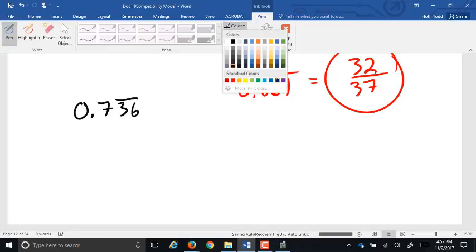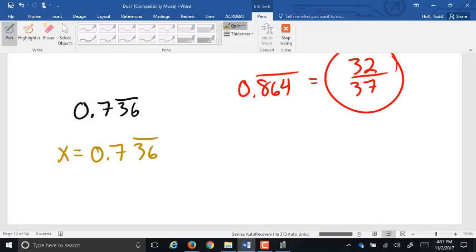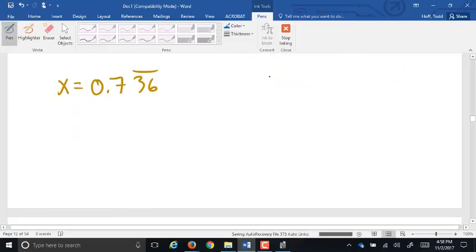Well, here's what we can do. We're still going to start out as x equals 0.736 with the 36 repeating. But we have to add a step in here. We have to get the repeating part by itself. So we need to move the decimal over to here so the repeating part is after the decimal.